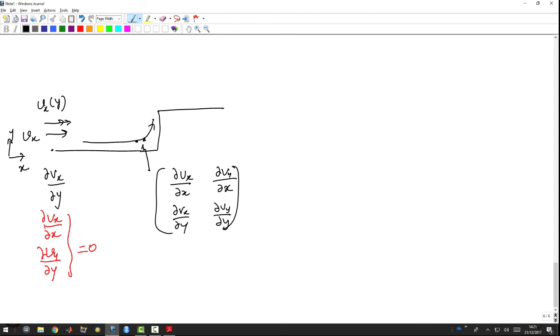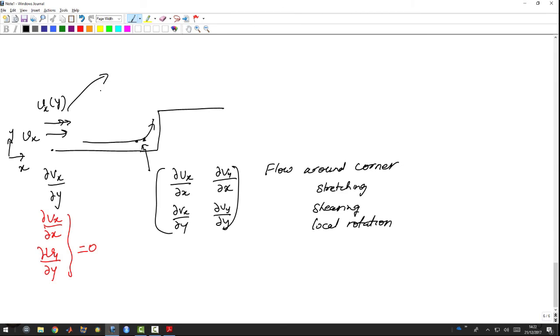So all these will be non-zero here, and so in flow around a corner we will have stretching and shearing and local rotation. So all are present. While in this case, which was simple shear flow, we have only shear and local rotation.